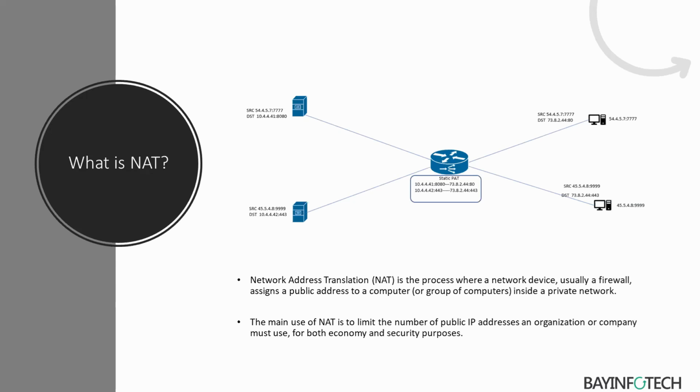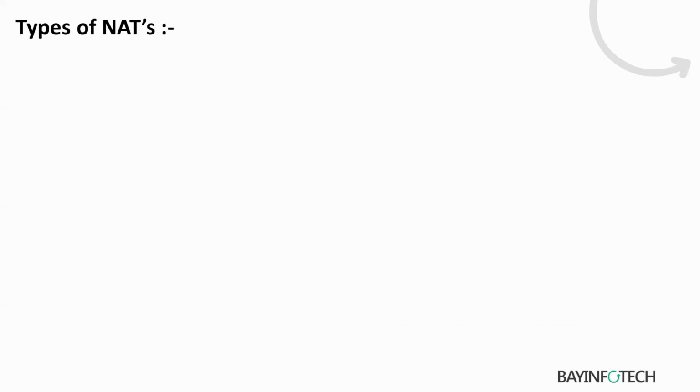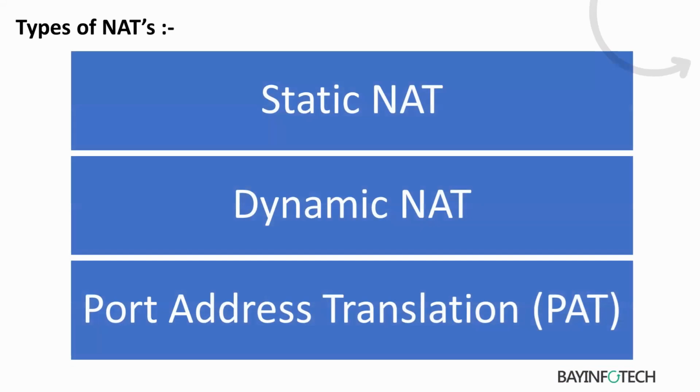Let's look at the different kinds of NATs. You have static NAT, dynamic NAT, and port address translation. So let's look at each of them one by one. Static NAT is also referred to as one-to-one NAT.